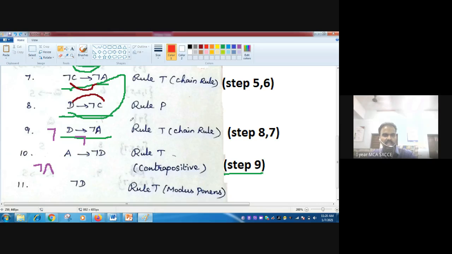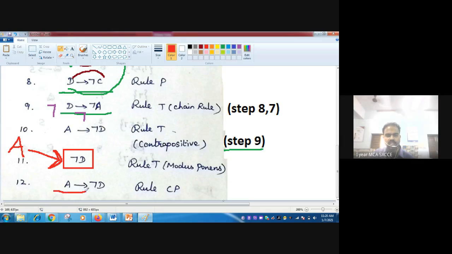What is the conclusion? Negation D. So this negation D arises from where? From the assumed premise A. So the meaning is A goes to negation D is our conclusion. Understand?